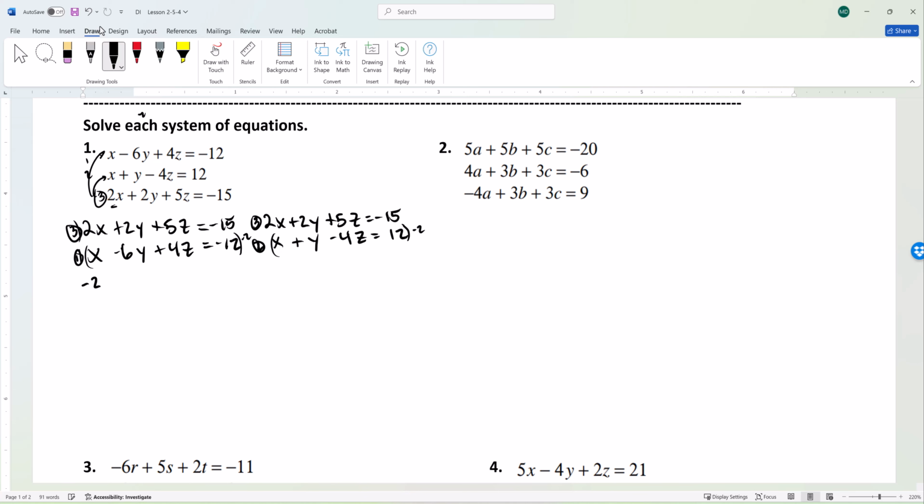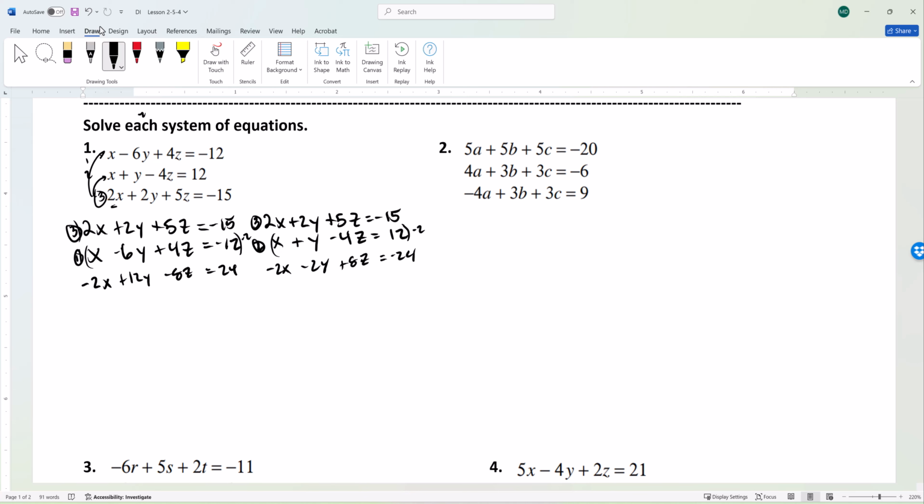So that's -2x plus 12y minus 8z equals 24. And then multiplying this entire equation, you get -2x minus 2y plus 8z, and this equals -24.